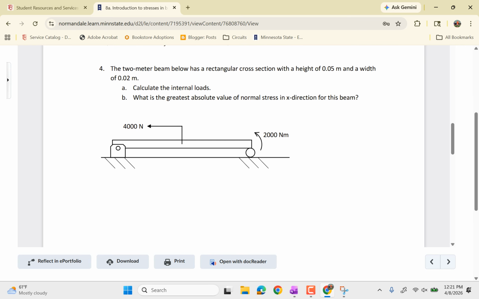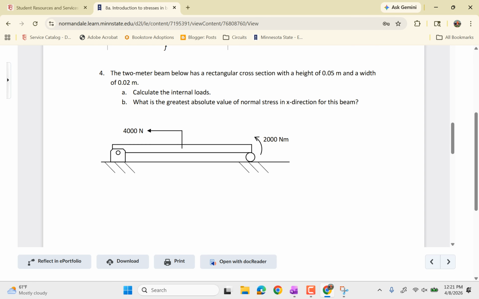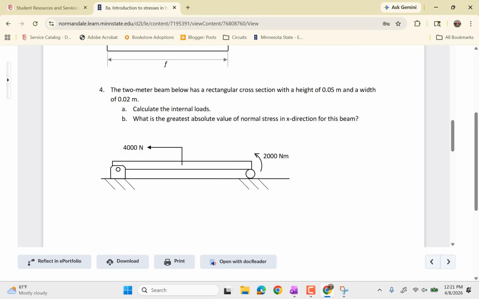Okay, so number 4. If you haven't done that one yet, don't do it. Is there no bending moment? I was confused, there is a bending moment, and I feel like I might have used old questions here.